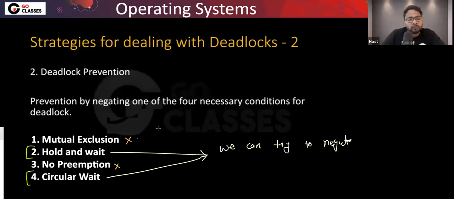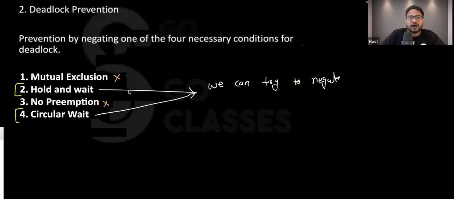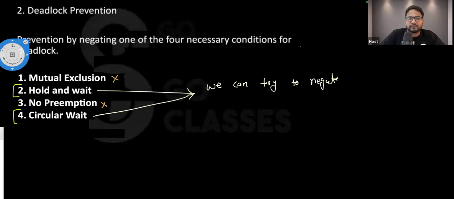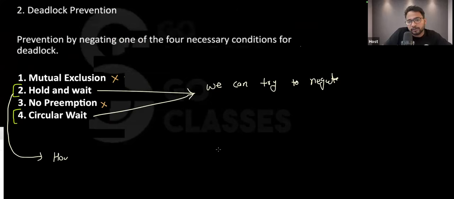How can you negate hold and wait? Whenever you are requesting something, you release all the resources. I mean, you do not hold while requesting something. So you ask the operating system that whenever a process is requesting anything, ask the process to release everything. How can you prevent this hold and wait?